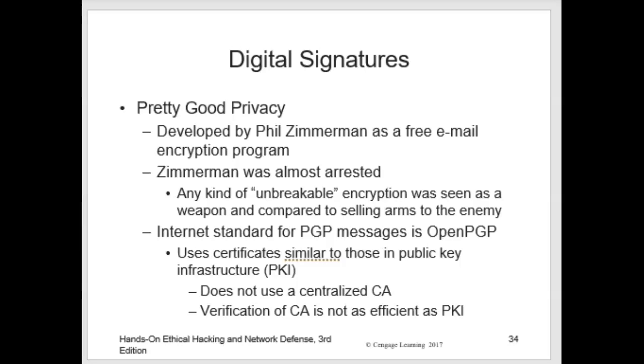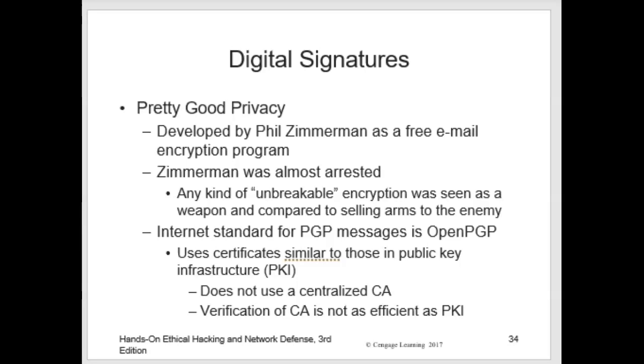And using a hashing algorithm, it ensures the message's integrity. Remember, CIA, integrity. And that's where we get this non-repudiation from, that we can prove integrity. So NIST requires using the SHA, or secure hash algorithm.